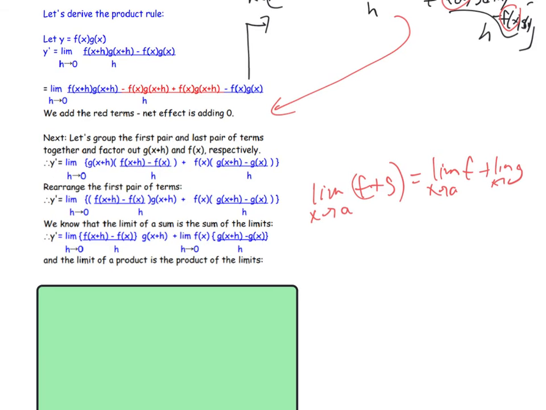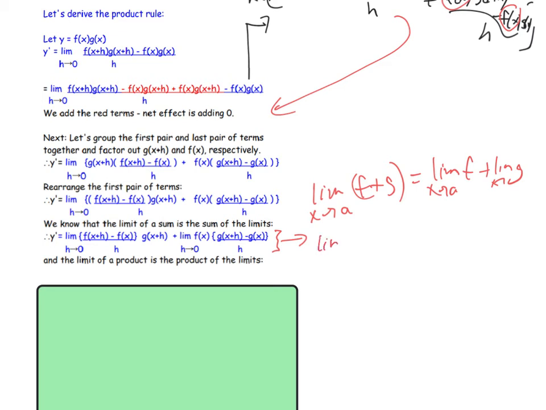So the last step is taking this expression over here and using another limit property where we can split it again into 2 products. So if you look at the first group here, we have a fraction and then we have multiplication. Over here we have a fraction or rational expression, and then we have a function. So there's a product. So we're going to split this up into another limit notation. So I want to split this up into the following.